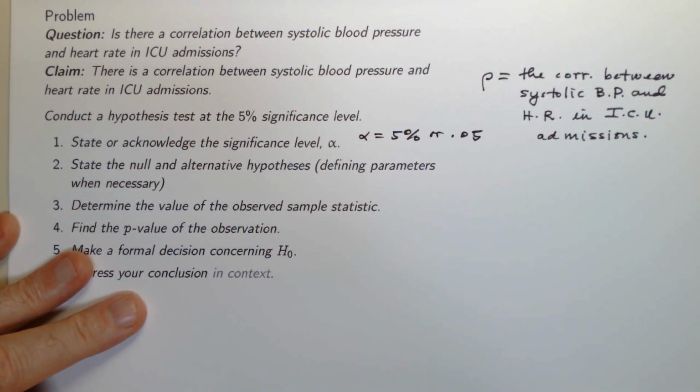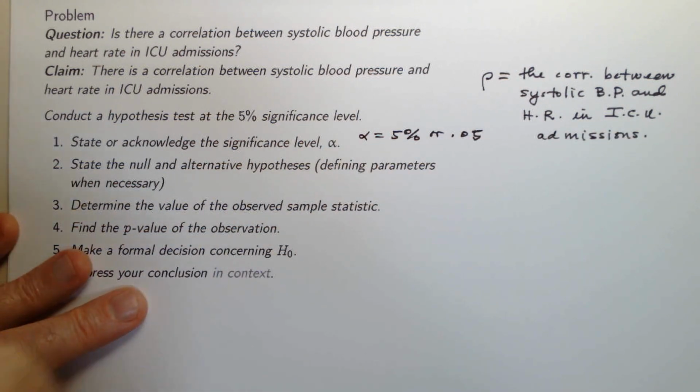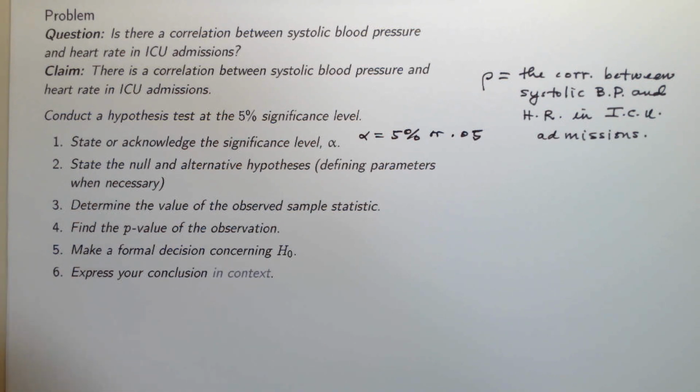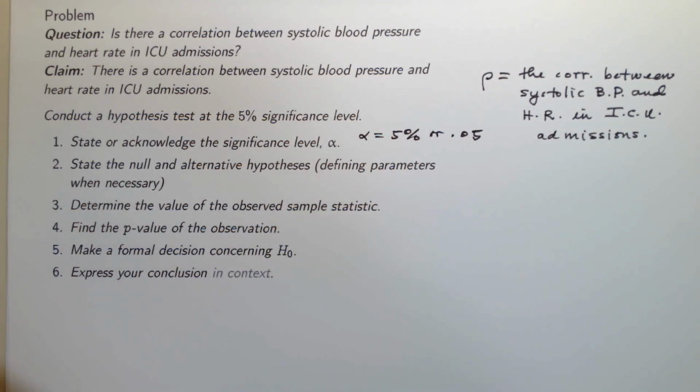So some people are being admitted to the intensive care unit, and their systolic blood pressure and their heart rate are being determined, and we're going to think about the correlation between those two, and we're going to call that correlation, the correlation that exists within the population, rho.